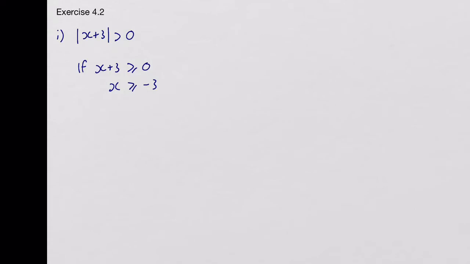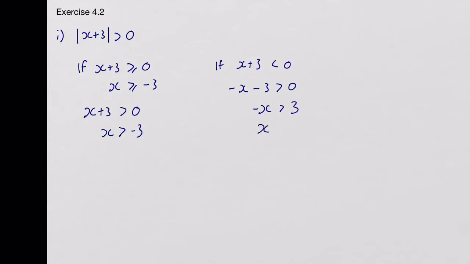And that would give us x plus 3 is greater than 0, therefore x is greater than negative 3. However, if x plus 3 was less than 0, then we'd have minus x minus 3 greater than 0. So minus x is greater than 3, therefore x is less than negative 3.